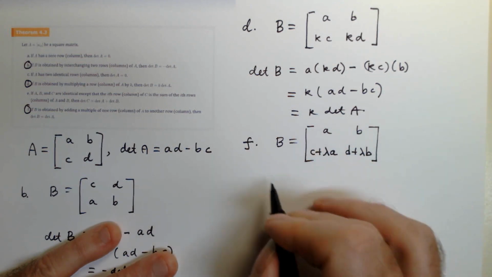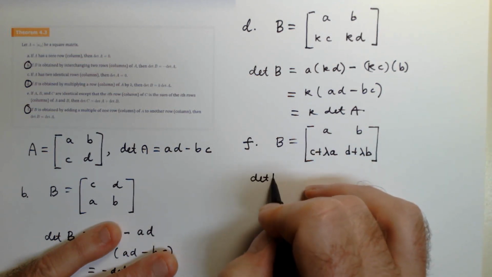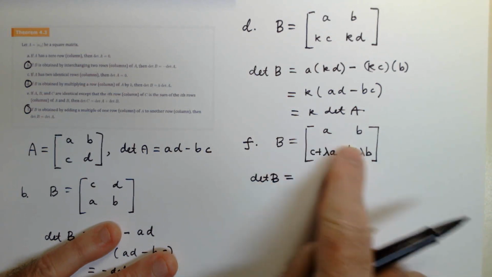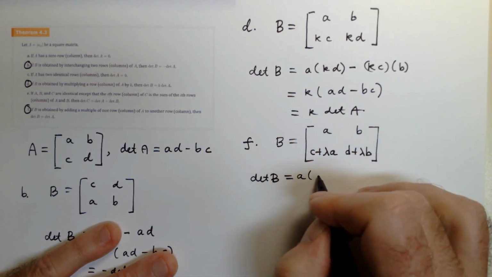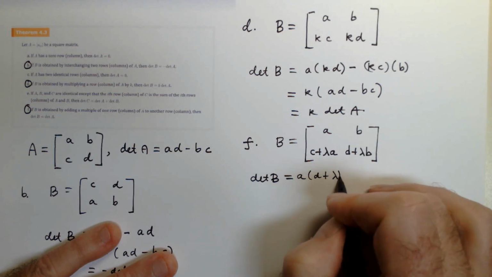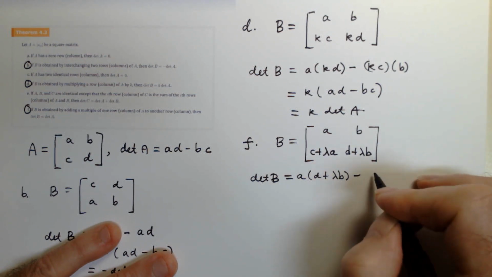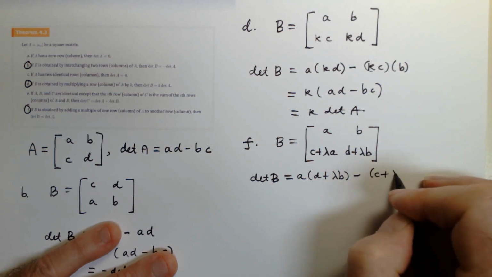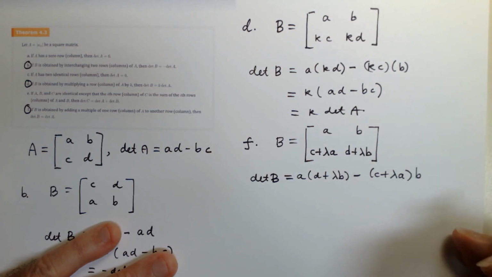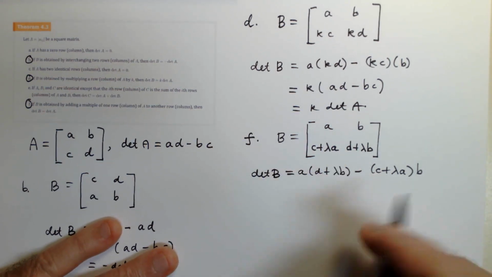Now let's compute the determinant of B. That's going to be A times (D plus lambda B) minus (C plus lambda A) times B. We can distribute.